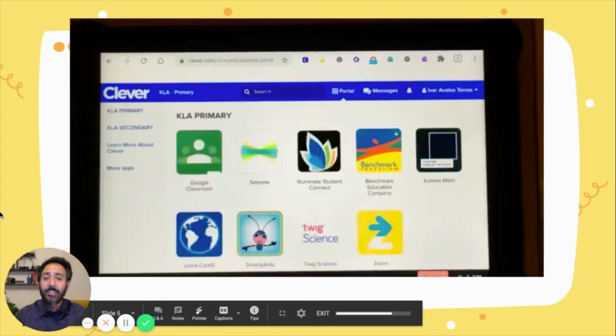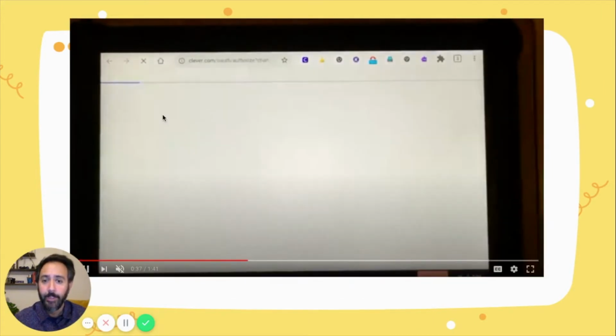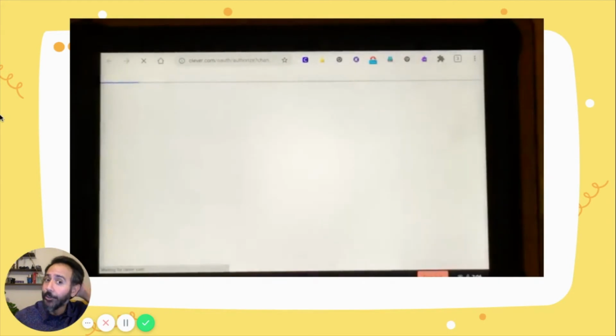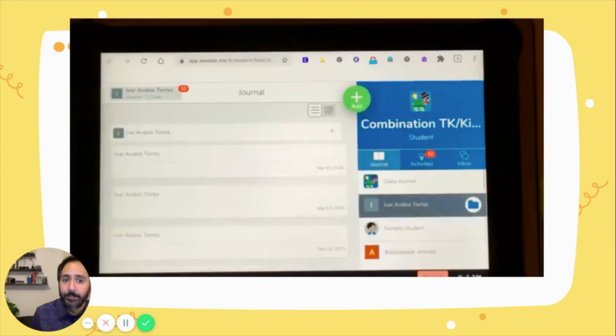You can access Seesaw in the Clever application by logging onto Clever, as we saw in the previous slide, and clicking on the Seesaw application. Again, Seesaw is where you'll be submitting photographs of your students' hard copy work, as well as doing activities that are exclusive to Seesaw that are also supplementary to their practice.